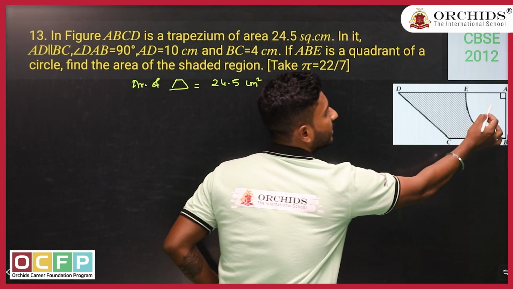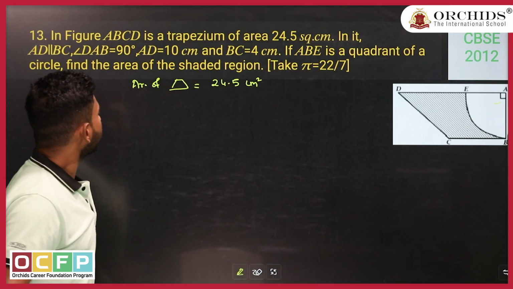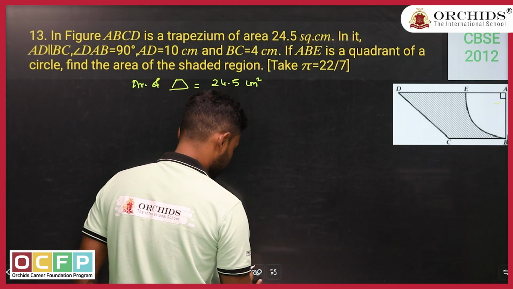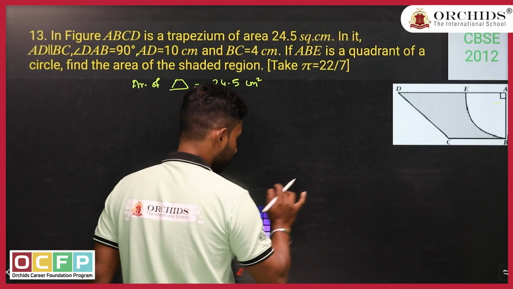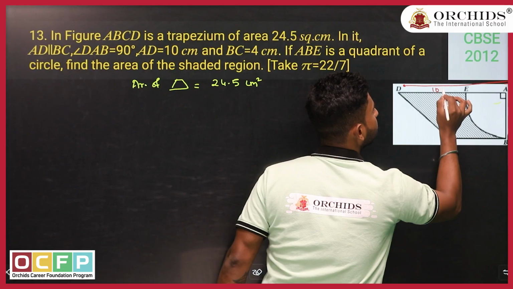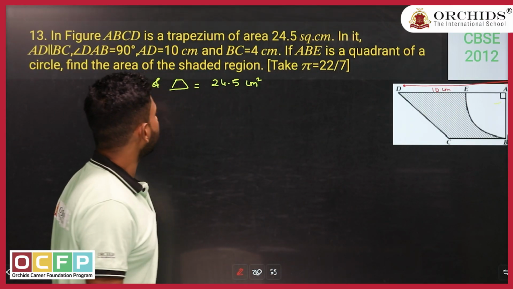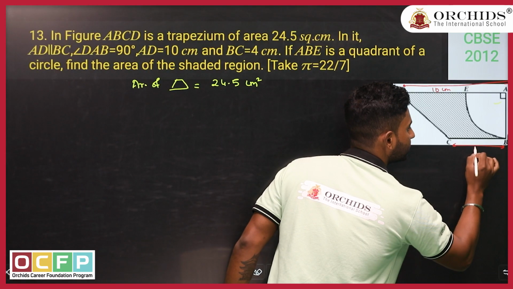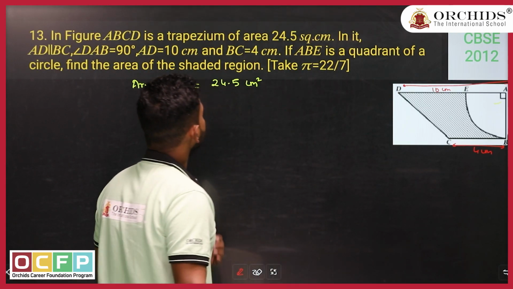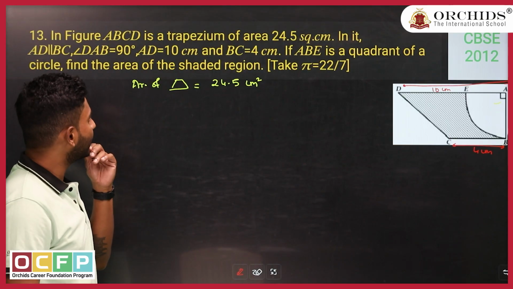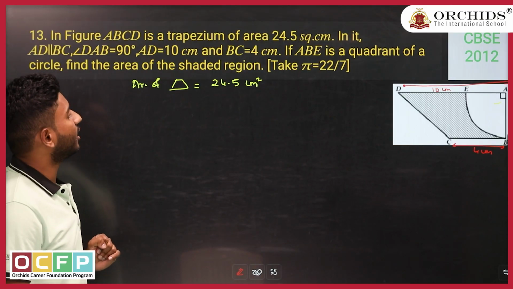AD is 10 centimeter, the whole of this length is 10 centimeter. BC is 4 centimeter. If AB is a quadrant of a circle, find out the area of the shaded region.